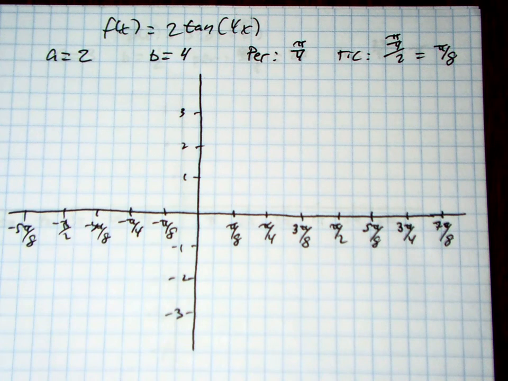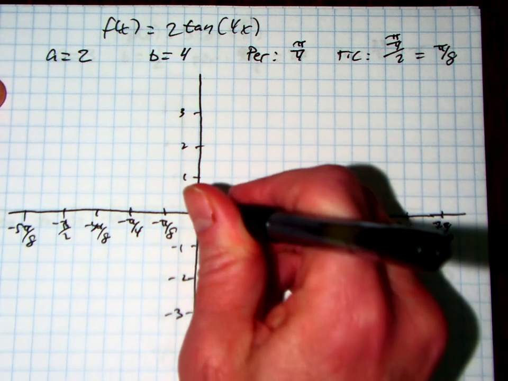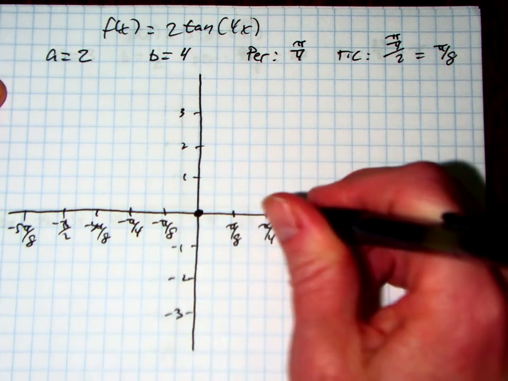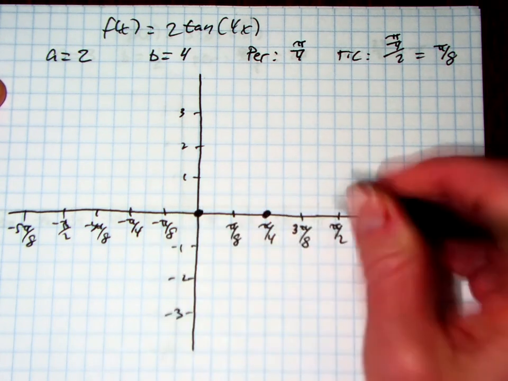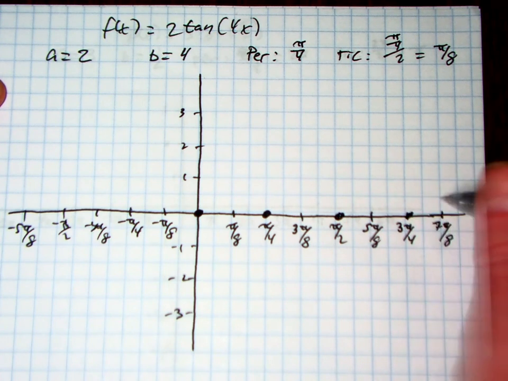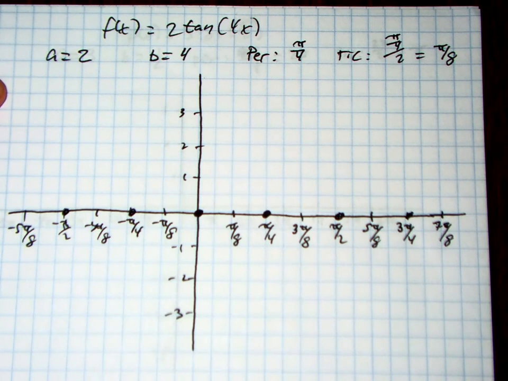So I knew my period is pi over 4. So my x-intercept, first of all, is going to be at the origin. We know that from the parent function. And then every pi over 4 units, it's going to cross the x-axis again. So pi over 4, pi over 2, 3 pi over 4, and so on. Negative pi over 4, negative pi over 2, going backwards.